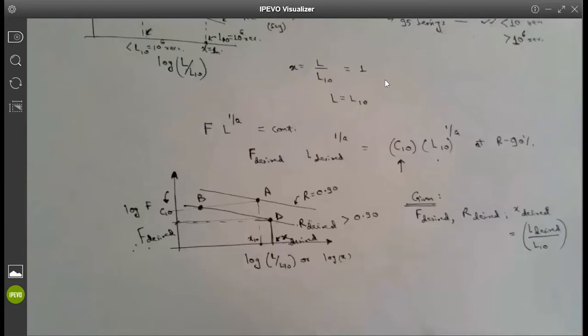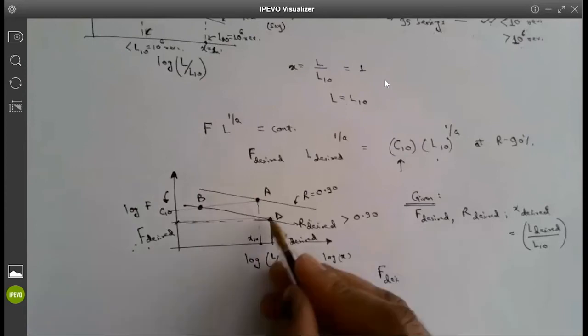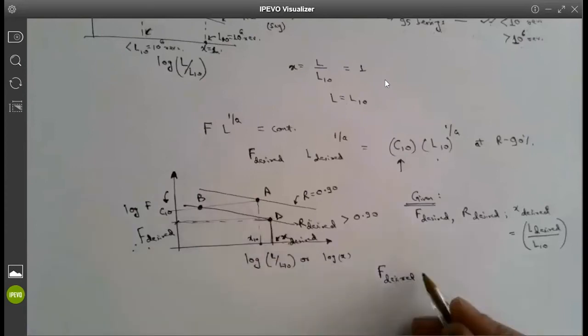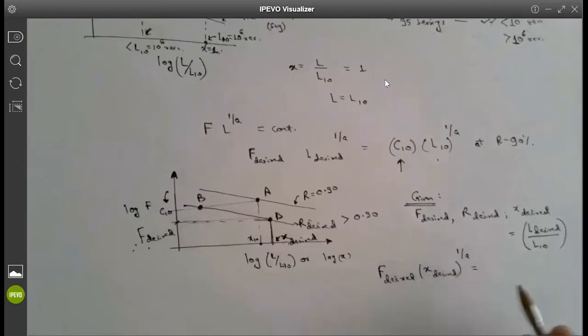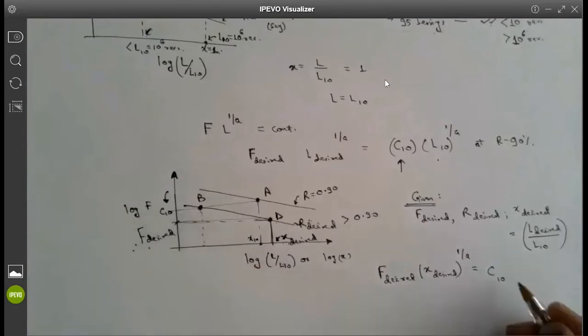So we are going to look at this straight line, and we know what it says. If this is the point of F desired and X desired raised to the power 1 over A, that equals FB. FB is the point which is the C10 load times XB. XB is this value, which we don't know.